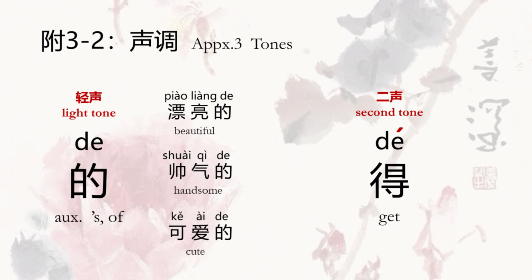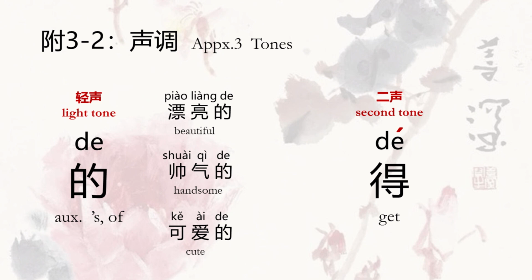For example, beautiful, 漂亮的, handsome, 帅气的, cute, 可爱的. See, that's the light tone. And for the second tone, 的 means "get" or "well" in this character. So the difference is 的, 的.